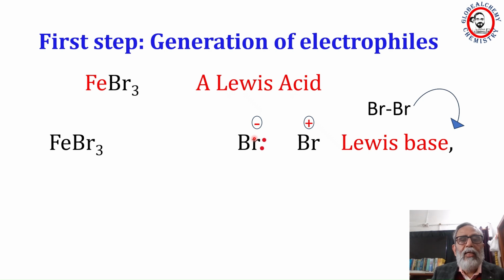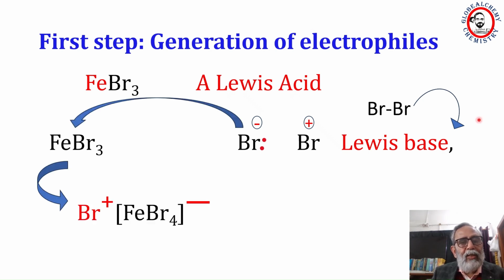The central atom iron has empty d orbitals to accommodate the electron pairs from the Lewis bases. And generation of more electrophile occurs. So it forms a complex with the bromine, and it produces the strong electrophile.